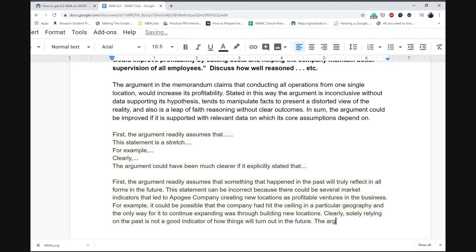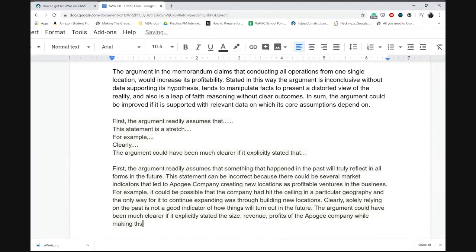The argument could have been much clearer if it explicitly stated the size, revenue, and profits of the Apogee company while making this claim, right?